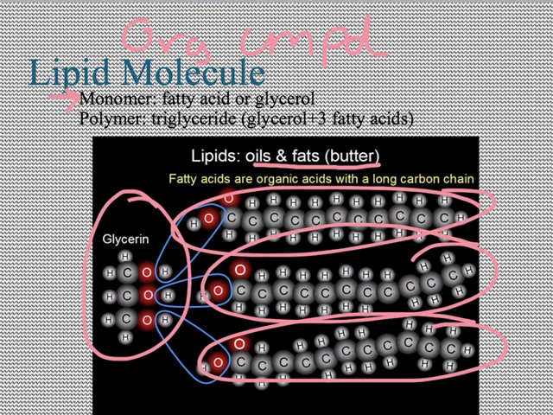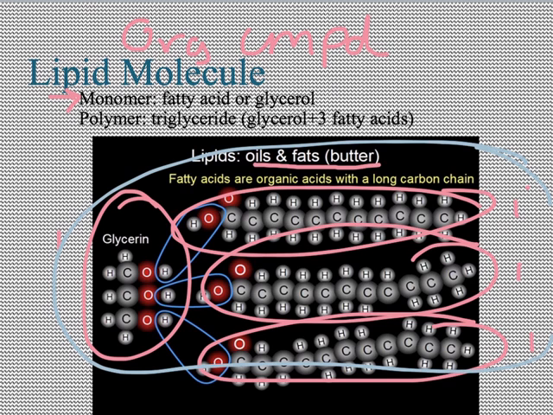Here's a glycerol molecule. So each of those that I just circled are the subunits or the monomers. So one fatty acid chain, one fatty acid chain, one fatty acid chain, one glycerol. All right, and the polymer is this whole molecule that I'm going to outline in blue. Okay, it's the 3 fatty acids with the glycerol.